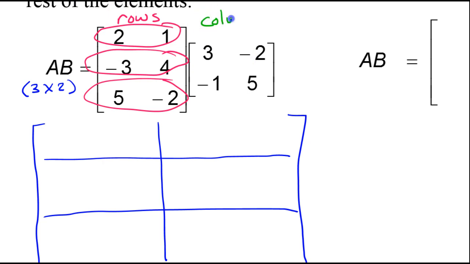So the second matrix is all about columns. So just keep that in your head. We're going to be multiplying rows by columns. All of the rows will come from the first matrix, and all of the columns will come from the second matrix.